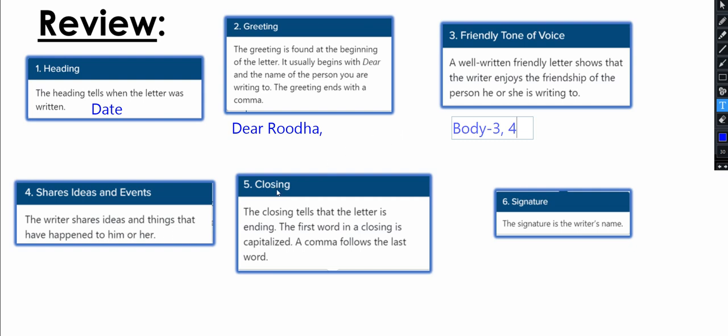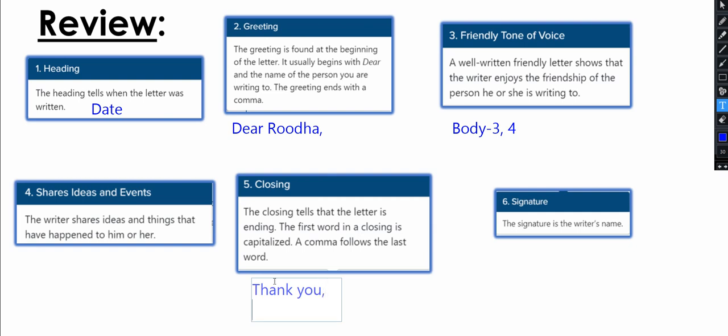Then closing. The closing tells that the letter is ending. The first word in a closing is capitalized. A comma follows the last word. Okay. Capitalized means it starts with a capital. So a simple closing will be thank you, comma.